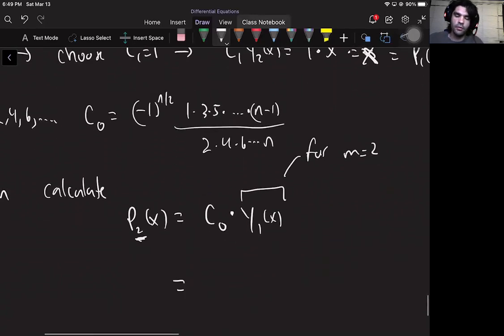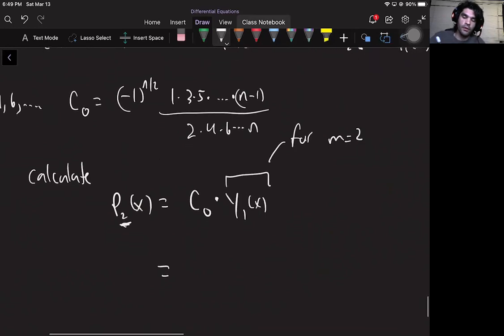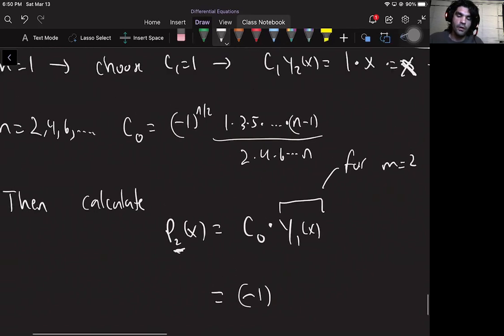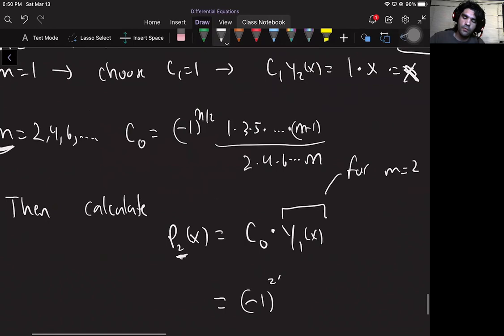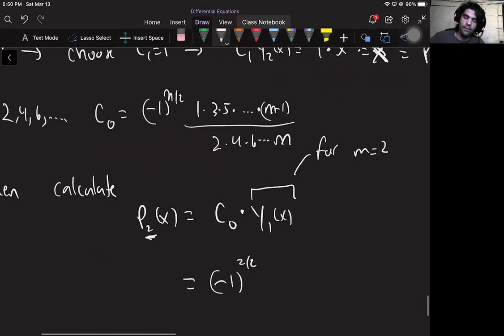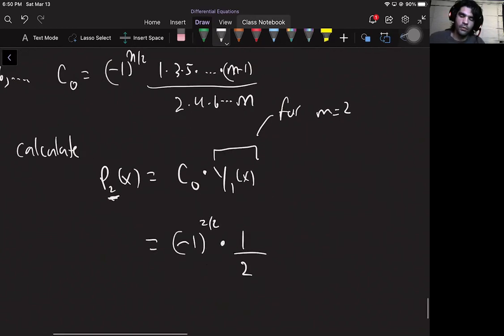Okay, so what's C0 here? Negative 1 to the, oh sorry, m, these are m's. So it's negative 1 to the 2 over 2 times 1. Well, 2 minus 1 is just 1, so it just ends at 1. And then on the bottom is just 2.